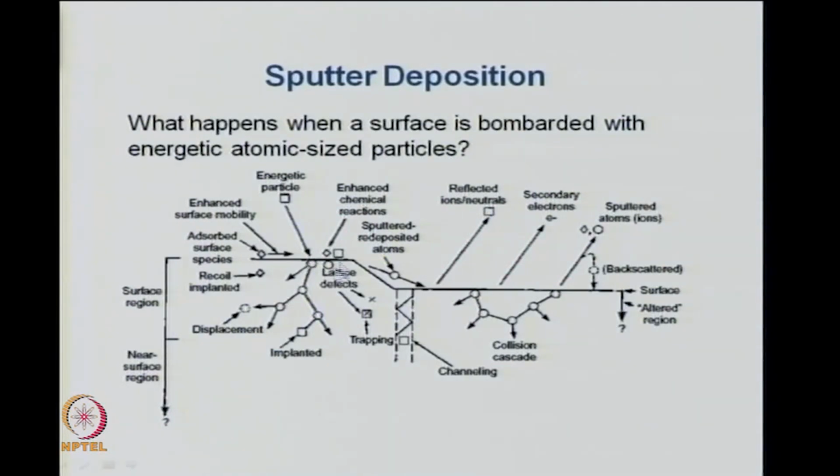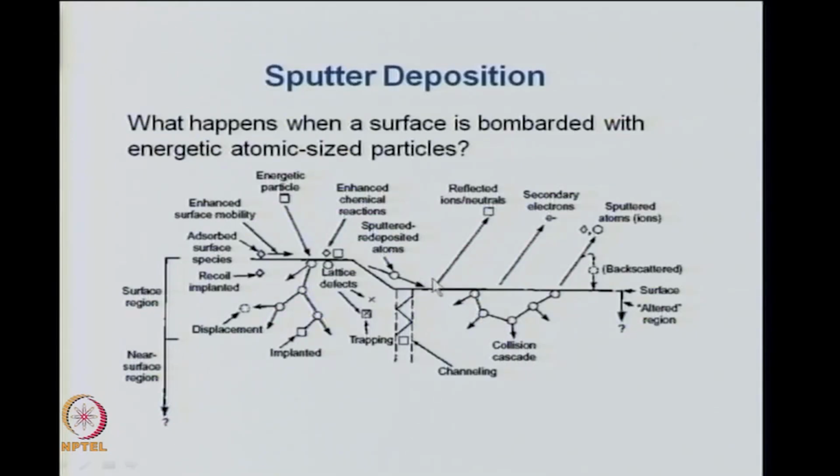What else can happen? These energetic particles can go deep inside and get implanted, and there may be lattice defects, and these energetic particles can get trapped in the lattice defect. It can get channeled through some channels. It can also create a cascade.